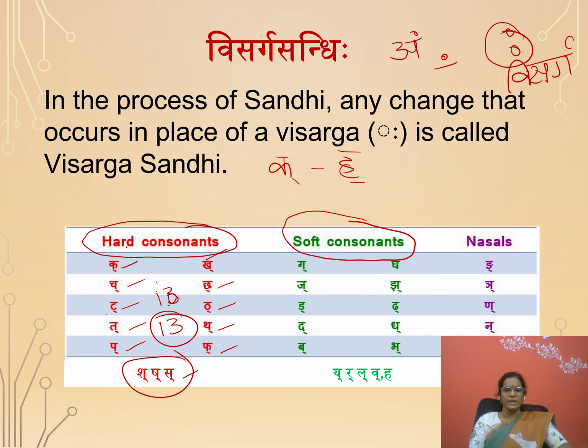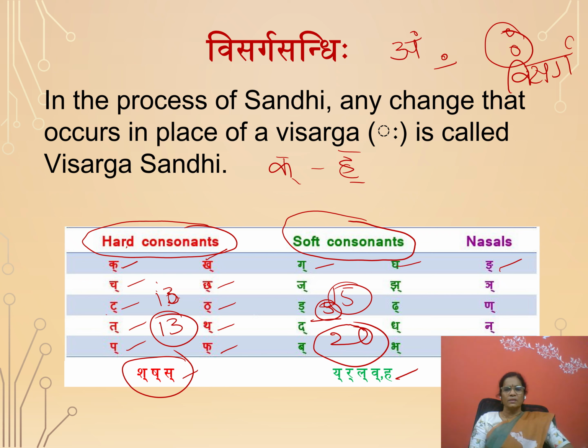Total 13 letters are called hard consonants. Next, if we consider the 1st and 2nd letters of each varga as hard consonants, the rest are the 3rd, 4th and 5th letters of each varga. That means kavarga ga, gha, nga, chavarga ja, jha, nya, tavarga da, dha, na, tavarga da, dha, na, pavarga ba, bha, ma. These are all 5 vargas, each varga 3 letters, that means 15 letters, and ya, ra, la, va, ha. These 5, total 20 letters, are called soft consonants.